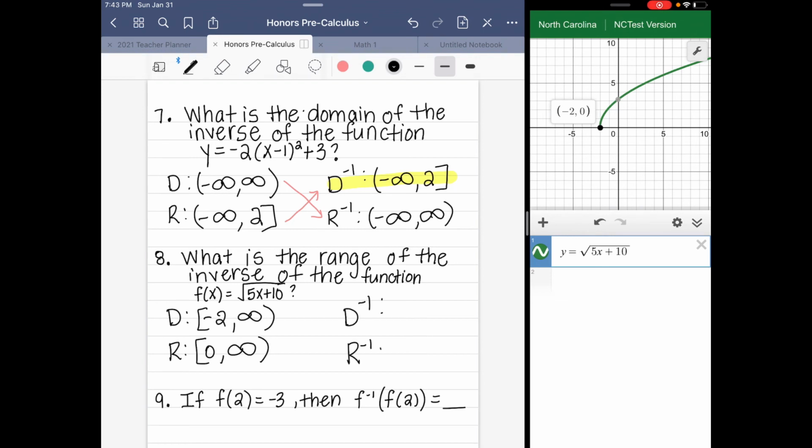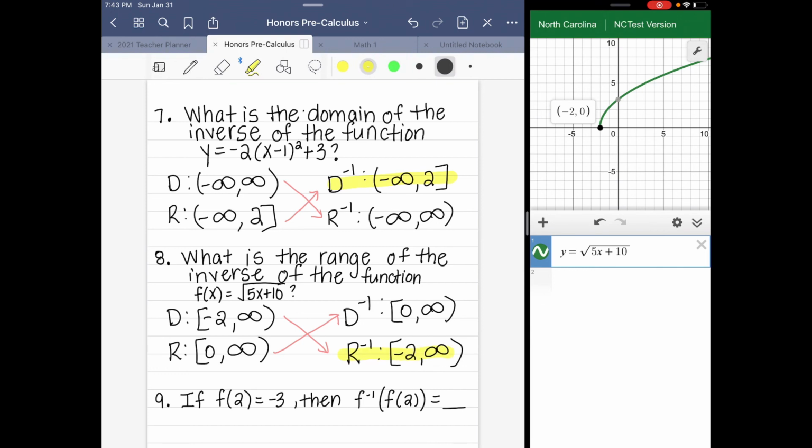Now remember, we want to find the domain and range of the inverse. So the domain and range of the inverse is going to be the opposite. Whatever the domain was of the original is now the range of the inverse. Whatever the range was of the original is now the domain of the inverse. So this is going to become 0 to infinity for the domain of the inverse, and then we're going to have negative 2 to infinity for the range of the inverse.